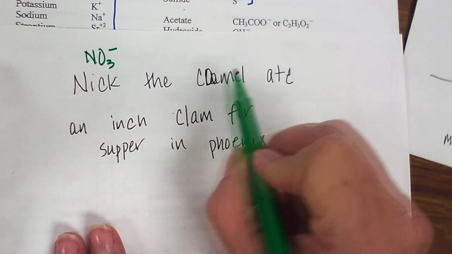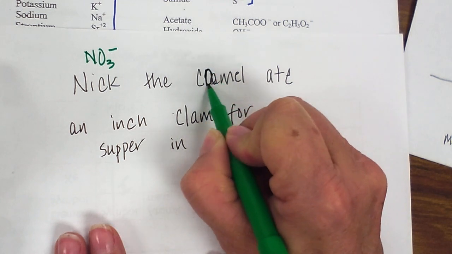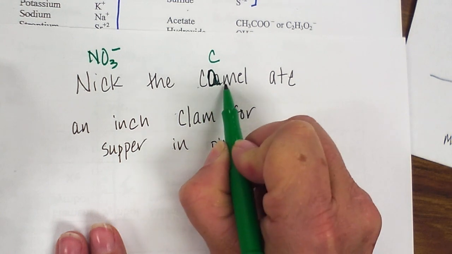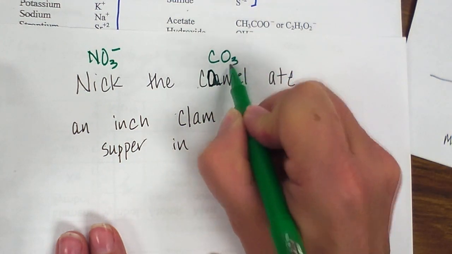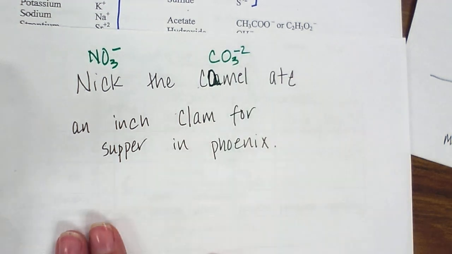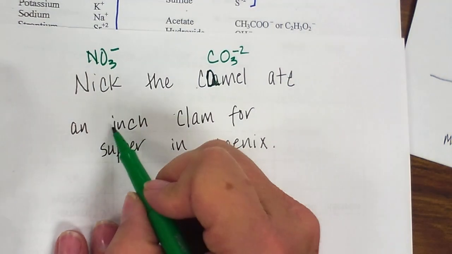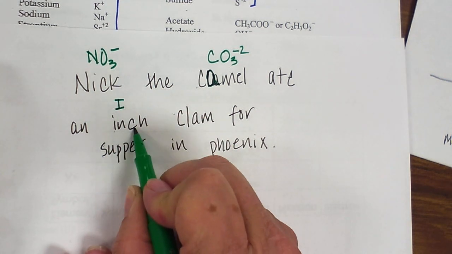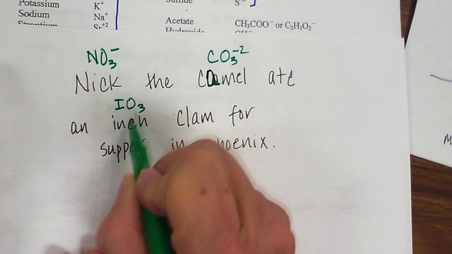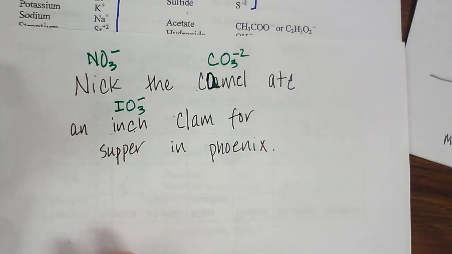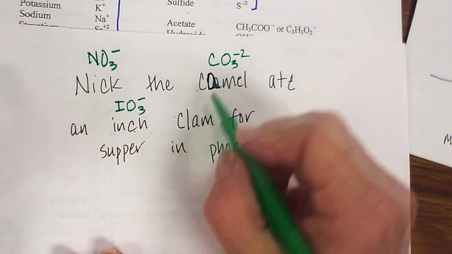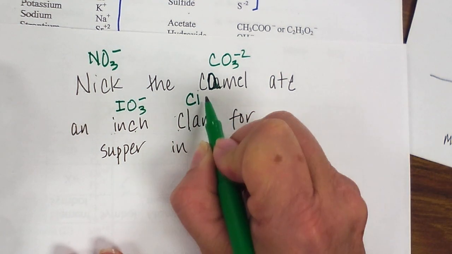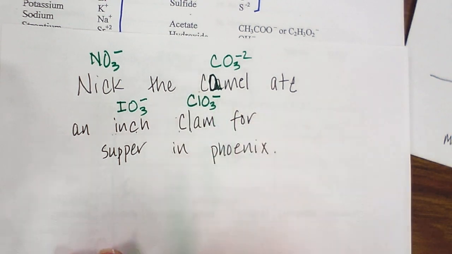So NO3 -1. Camel is carbonate. So carbon, see, carbon, 1, 2, 3, O3, 2 vowels, -2. Inch is iodate. See, iodate, 1, 2, 3, -1. Clam is chlorate, Cl, 1, 2, 3, -1.